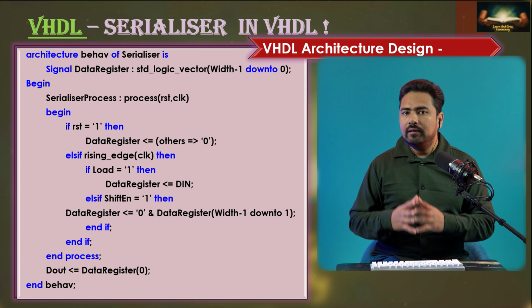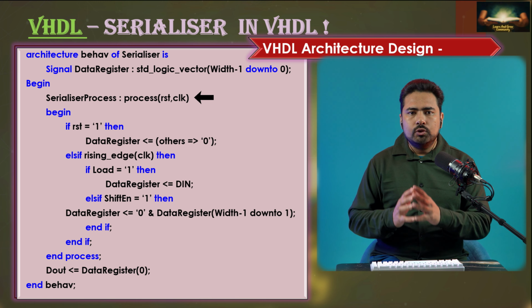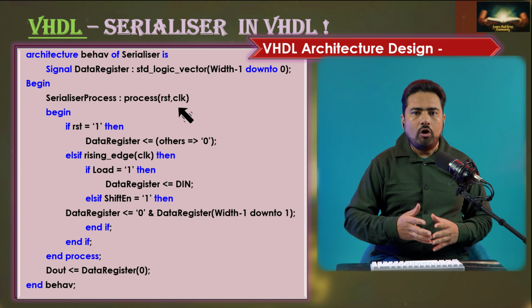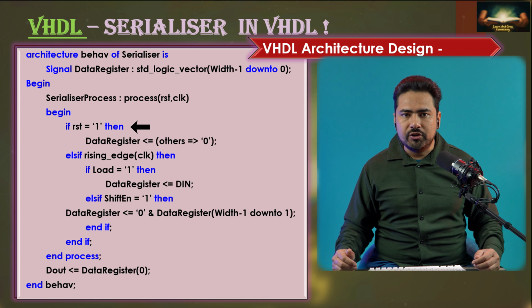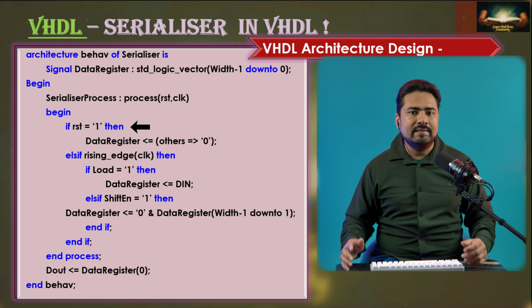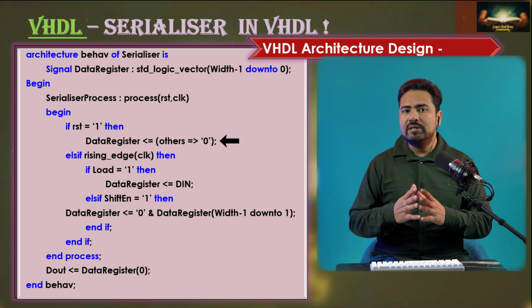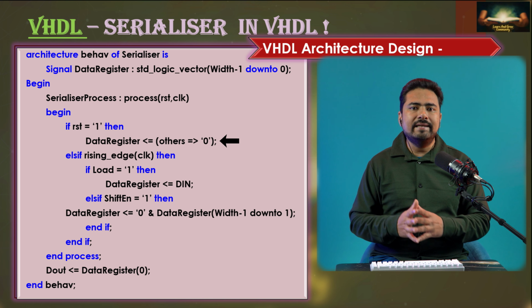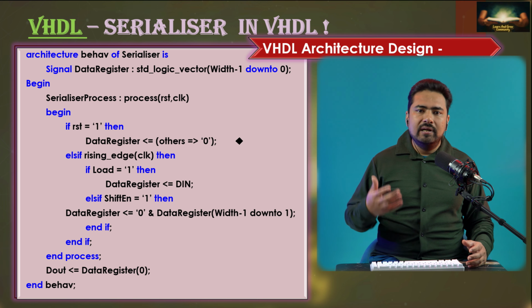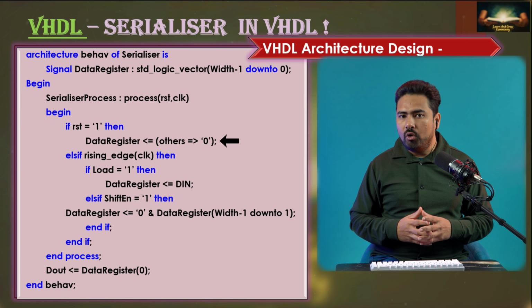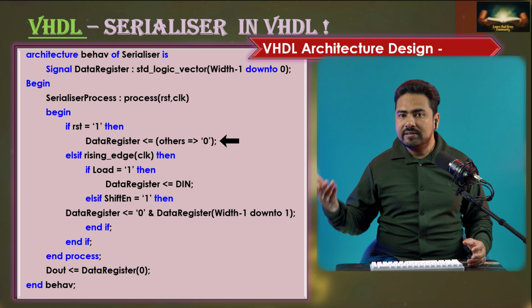Next, we start a registered process. The sensitivity list includes the clock and reset signals. First is the reset condition, and when this reset is asserted, your internal signal, which is data register, will reset to 0. The statement I have used is data register gets the value of others are 0.